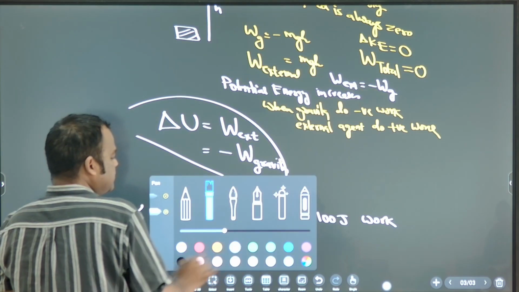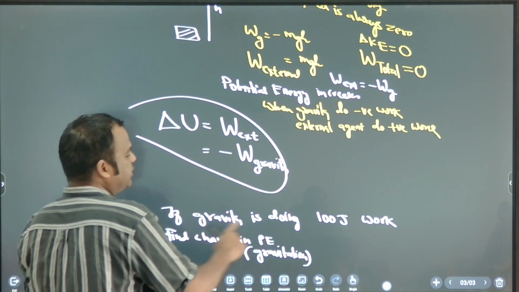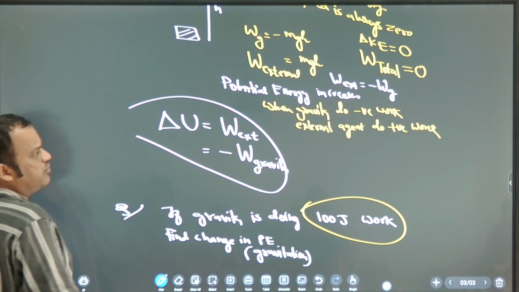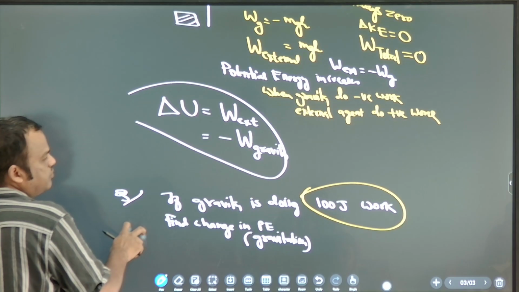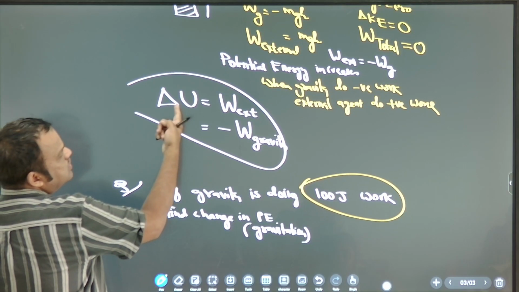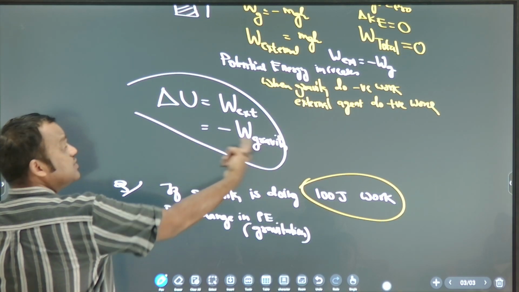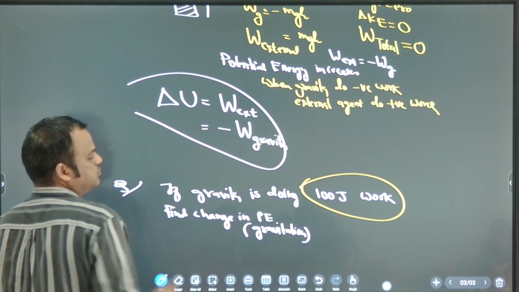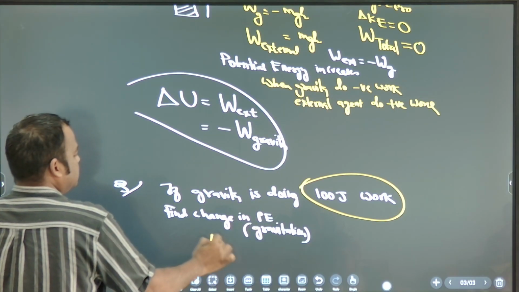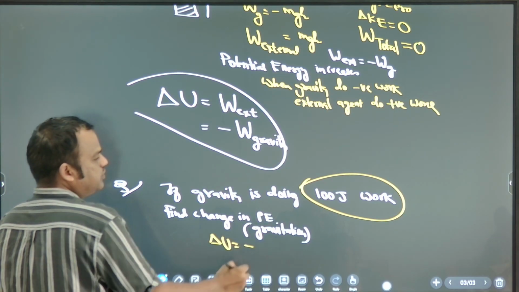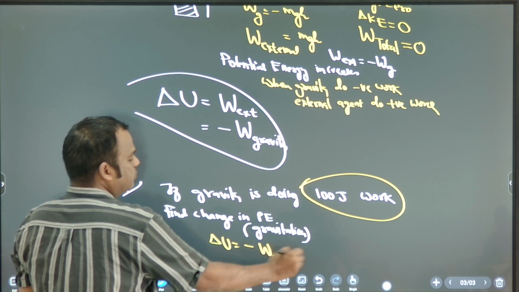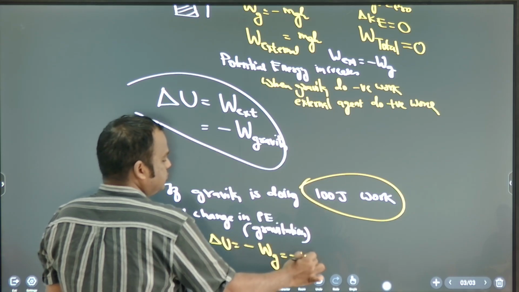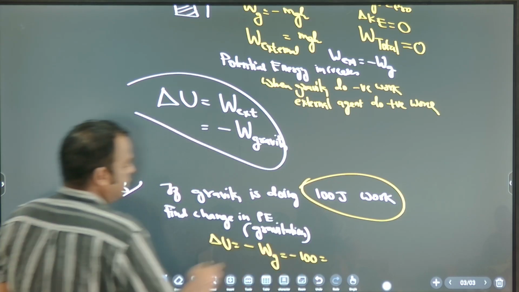If gravity is doing positive work, tell me, use this formula delta U. What is the delta U? Minus of gravity work. So delta U is equal to minus of work done by gravity. What is work done by gravity? 100. So minus 100. Delta U is minus 100.